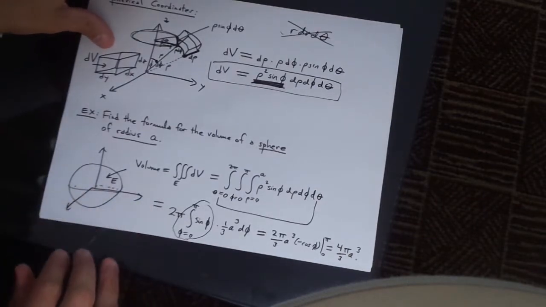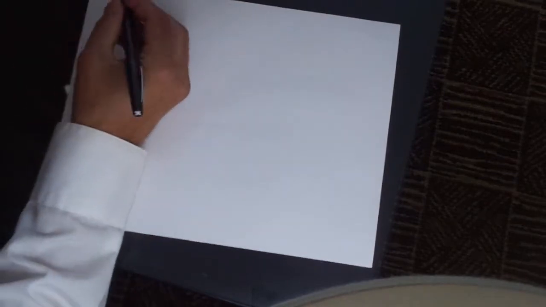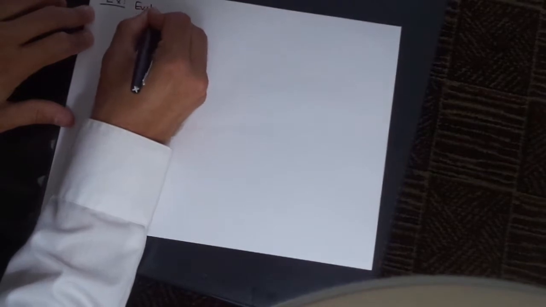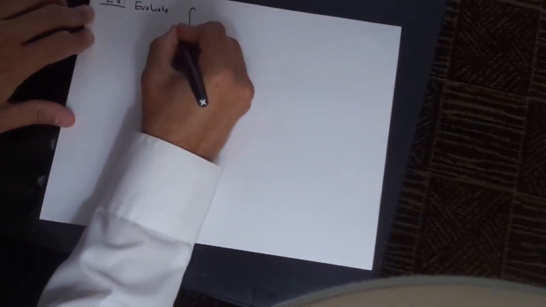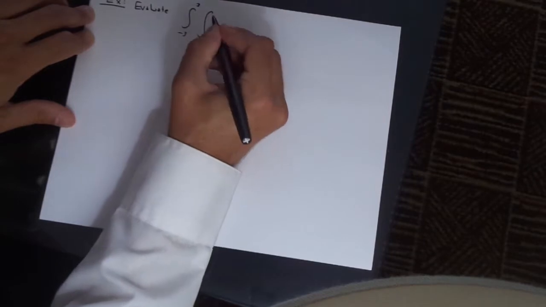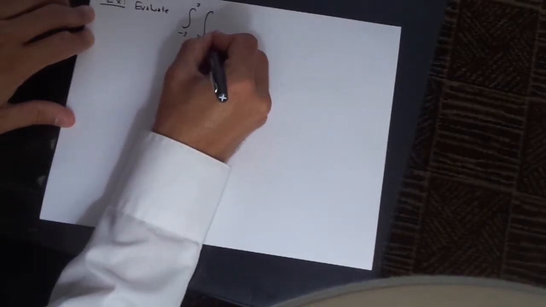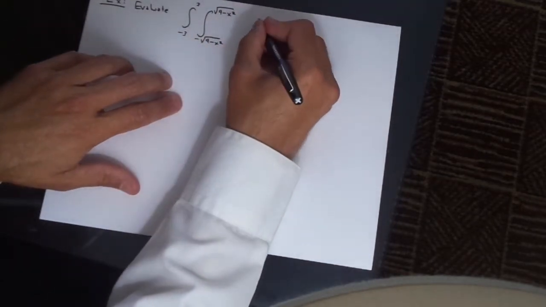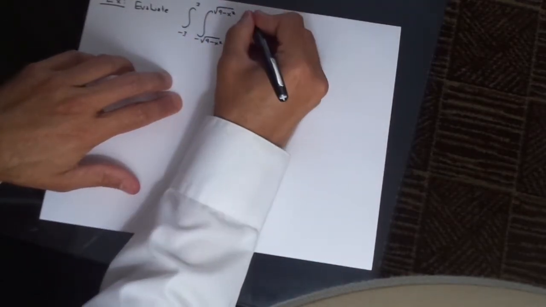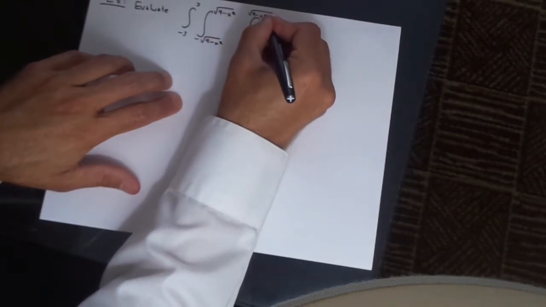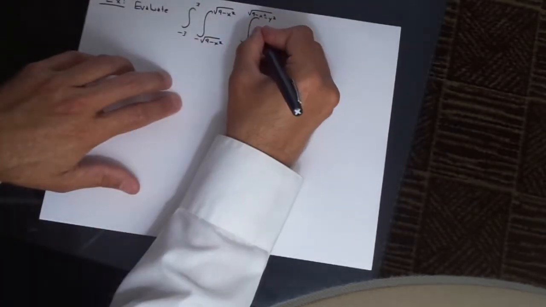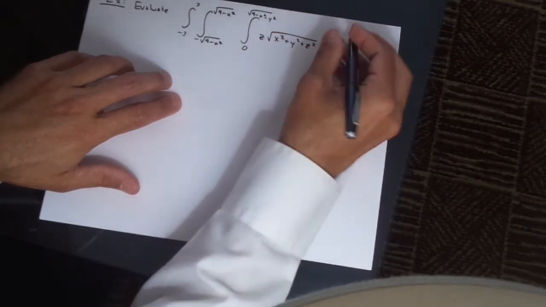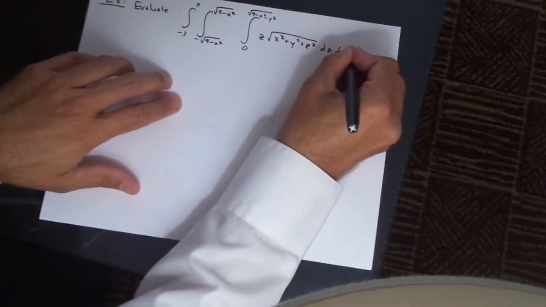Let me give you one final example. This time I'm just going to state it as an evaluation. Evaluate the integral from -3 to 3 of the integral from negative radical 9 minus x squared to radical 9 minus x squared, and then integral from 0 to radical 9 minus x squared minus y squared of z times the square root of x squared plus y squared plus z squared dz, dy, dx.